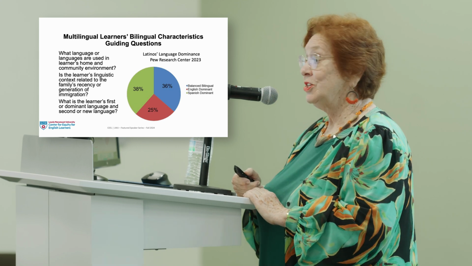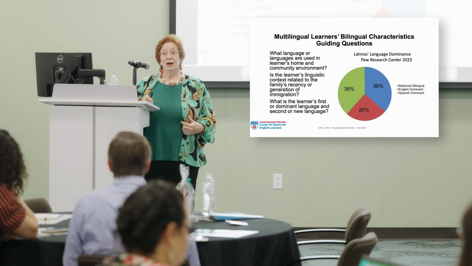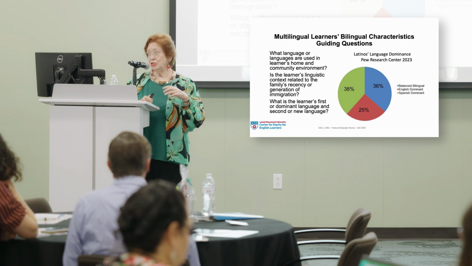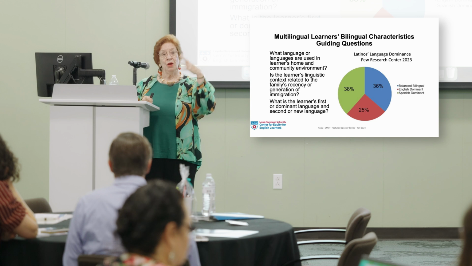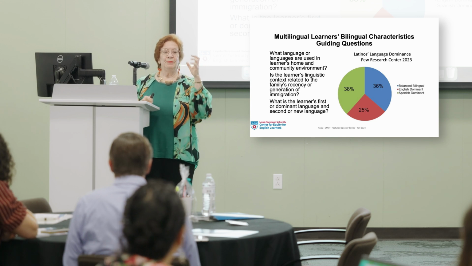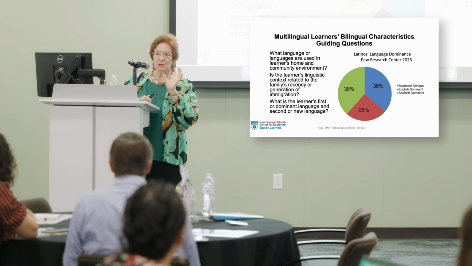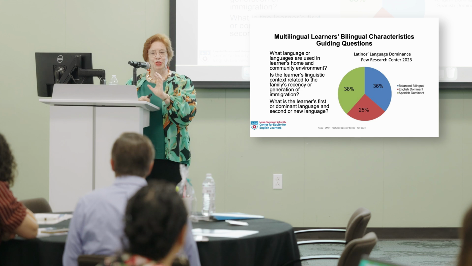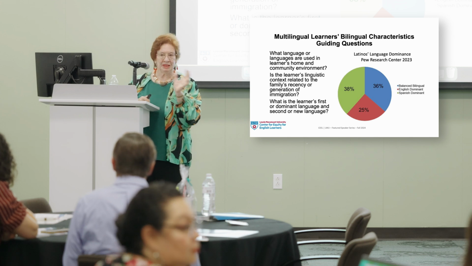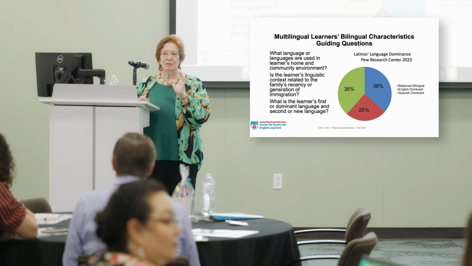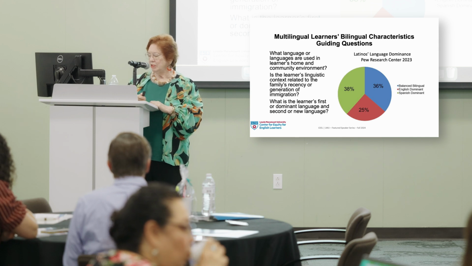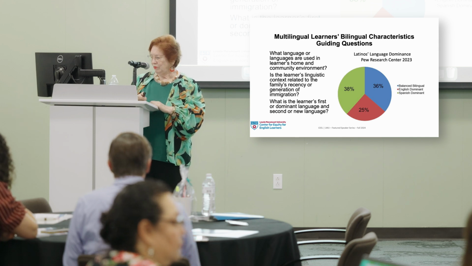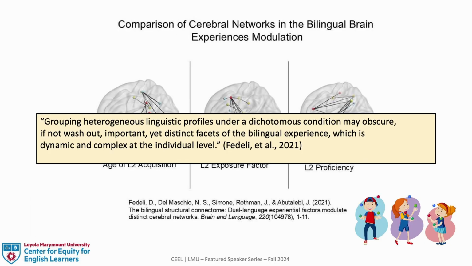And this also has to do with generation. How long, if they're first generation immigrants, second generation, or third generation, because what we see is that the second generation usually is bilingual, but by the third generation, oftentimes they'll be monolingual English, or at least English dominant, and not have the Spanish language proficiency developed.